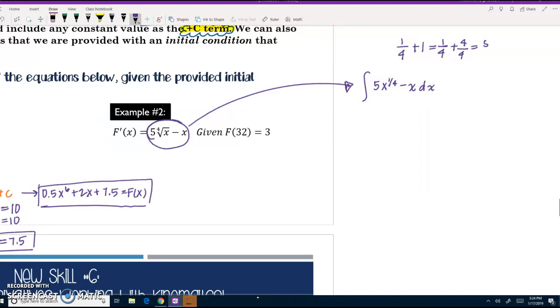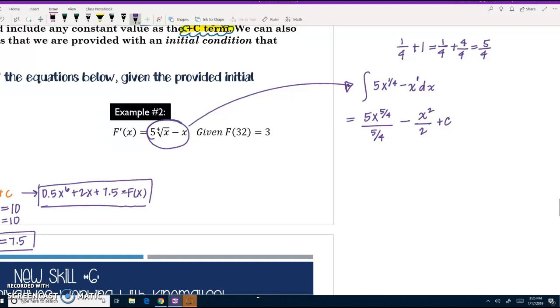So I'm going to end up with 5/4 here as my exponent. So this will become 5 x to the 5/4 divided by 5/4 minus, there's really a 1 on this x, so this is going to be x squared if I go up by 1, divided by 2 plus a constant.